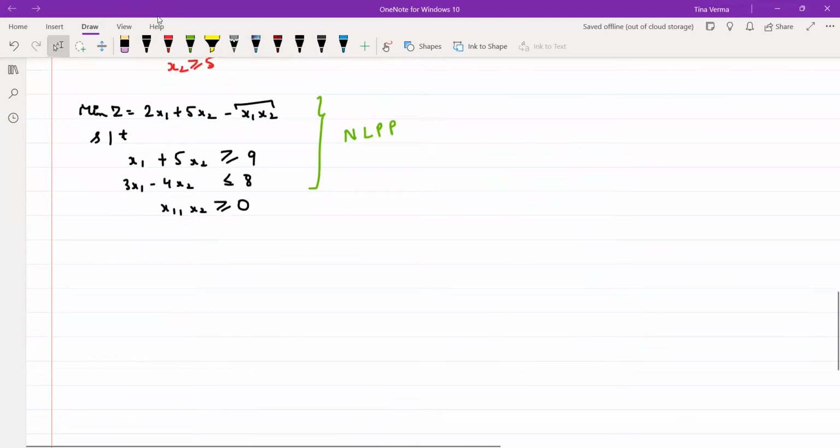Next, since you can write like the general form, can I write like this, that either it is maximize or minimize?